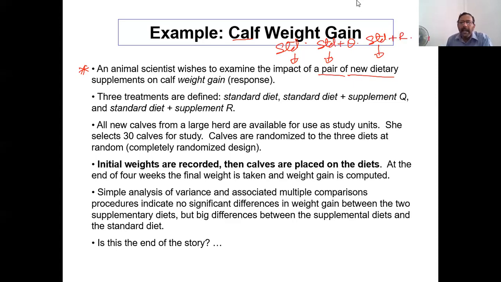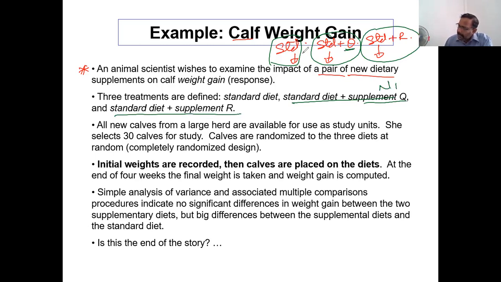So altogether in our experiment, 3 diets are there. The first diet is the standard diet, that is, what we are practicing now. We are trying to introduce 2 diets, but before introducing, we have to find out whether these 2 diets perform better than the present diet. One is standard diet with supplementary Q, the new diet 1.